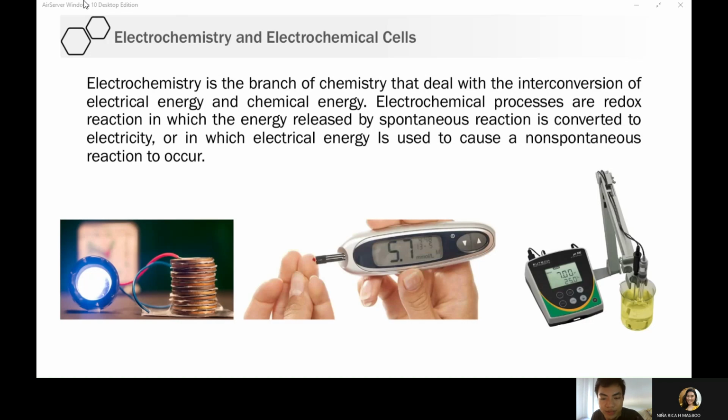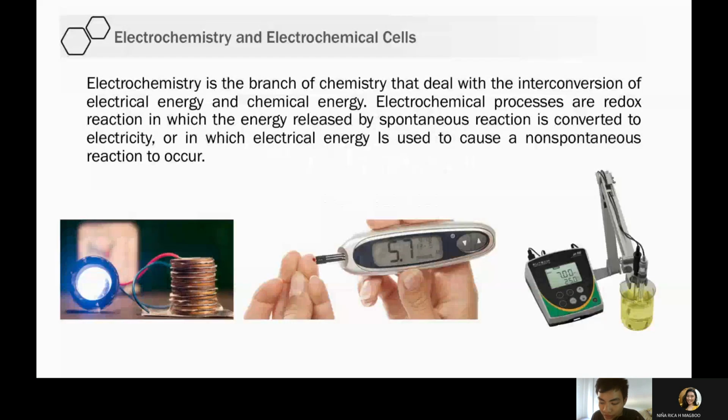So, electrochemistry is a field of science which deals with the conversion of chemical energy and electrical energy. One example of the application of electrochemistry would be our batteries. Suppose you have your laptops or your cell phone devices with you.